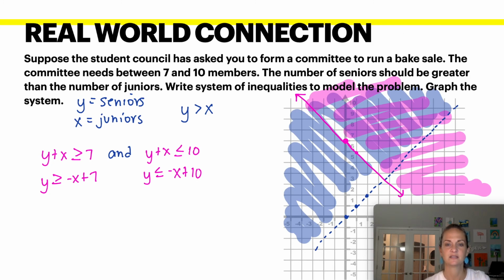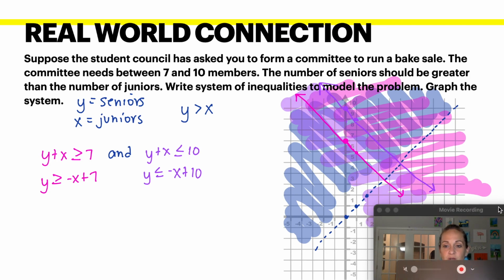And last, to graph this, you start at 10, and it's going to be down 1 over 1, and it is going to be a solid line, and it's going to be everything less than that number, or less than this graph, so you're shading everything below.